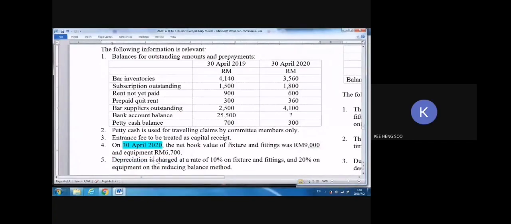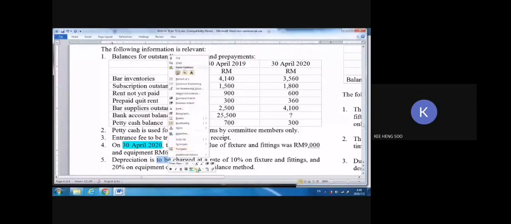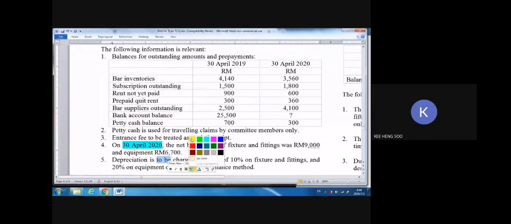I think my sentence was short of words. Thank you very much. You see, that's why I say I have some students who are very smart, so I learn from you. A student suggested that my sentence must be very clear, saying depreciation is to be charged at the rate of 10% and 20% on the reducing balance method for the current year. For the current year, okay?